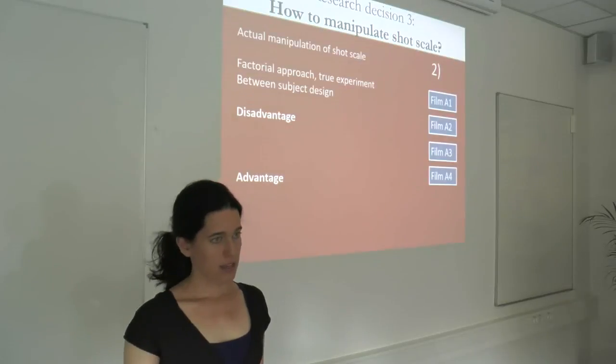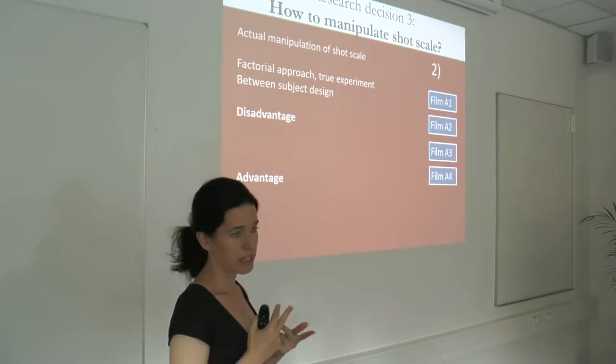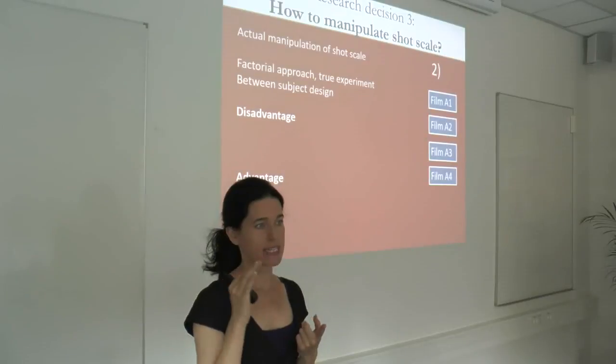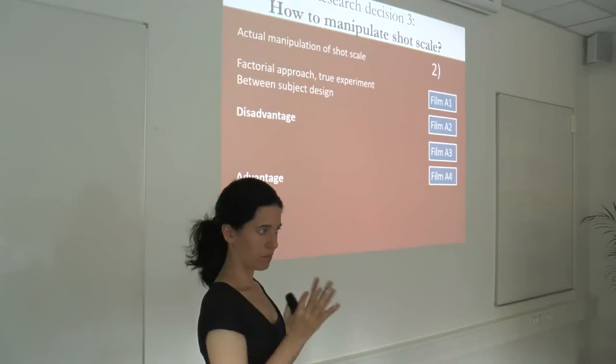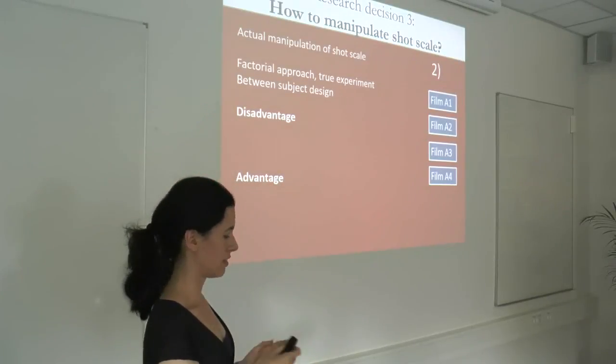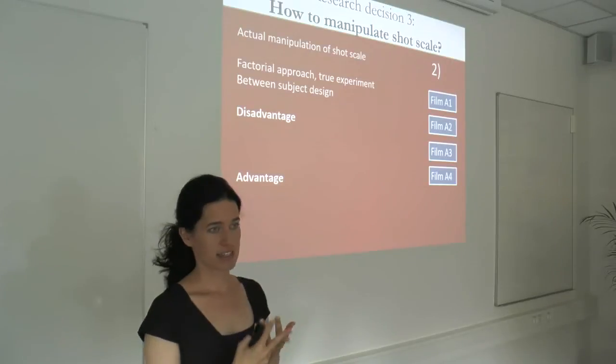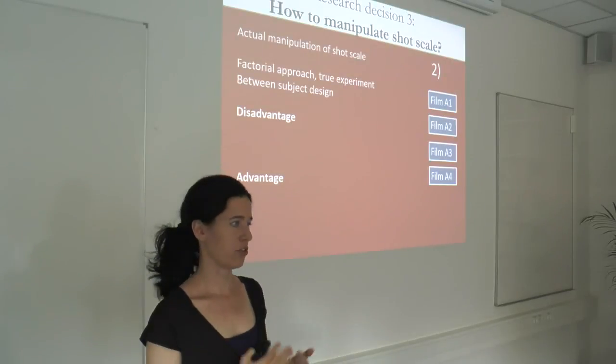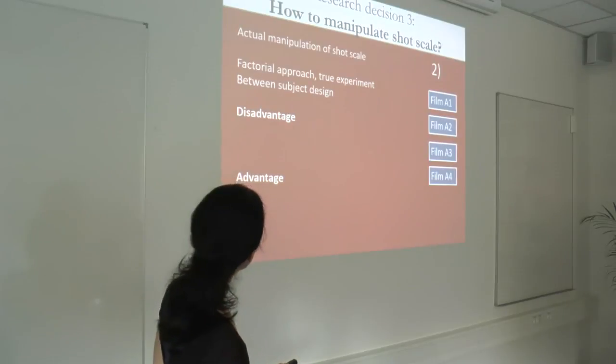And the other way is when you actually take one movie and systematically work on or create a shot scale. You take an existing movie and modify it, or you shoot your own movie.